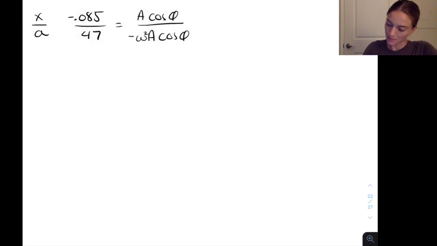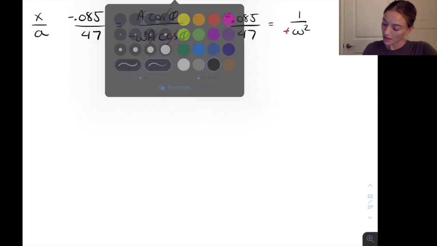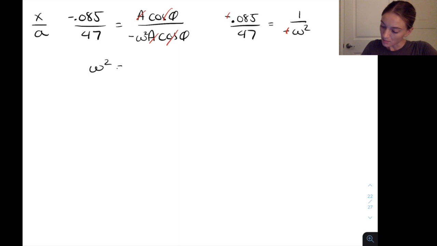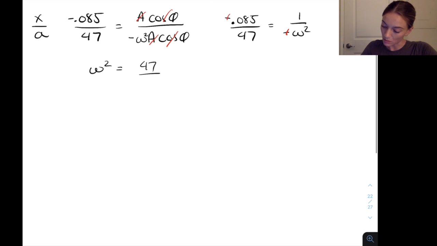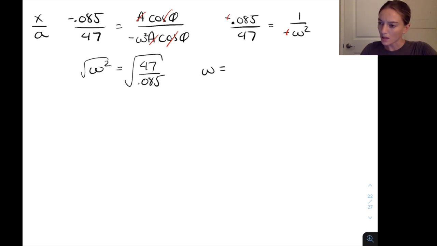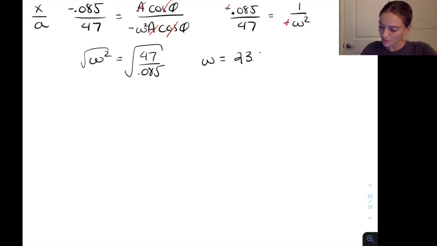My cosines cancel, the a's cancel, and I'm left with negative 0.085 divided by 47 is equal to 1 over negative omega squared. So actually my negatives cancel. Now I can solve this by just taking the inverses. I can flip this and get omega squared is equal to 0.085 over 47, and then take the square root of both sides, and you get omega is equal to 23.5 radians per second.